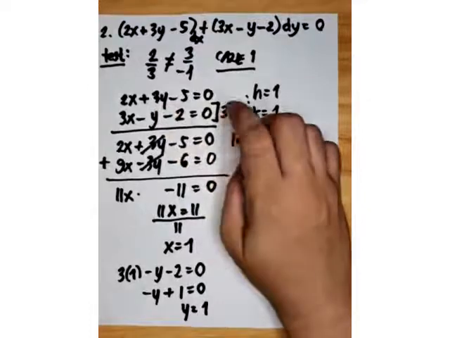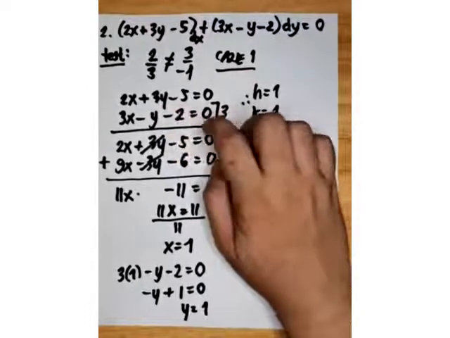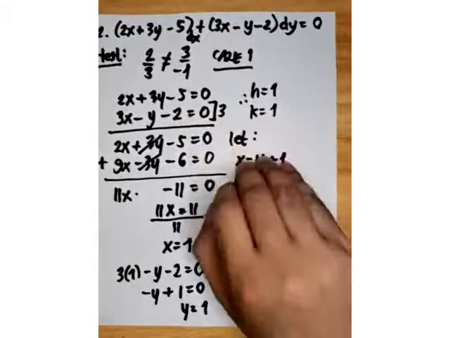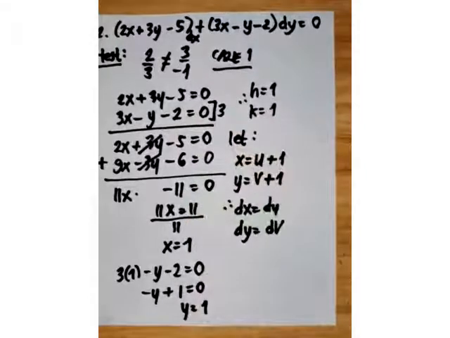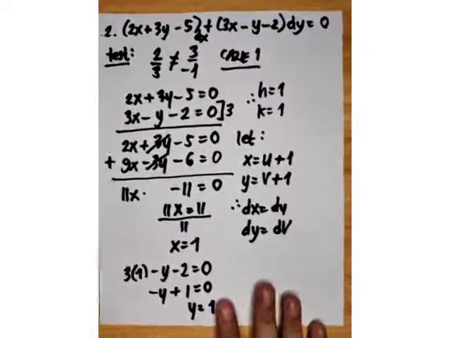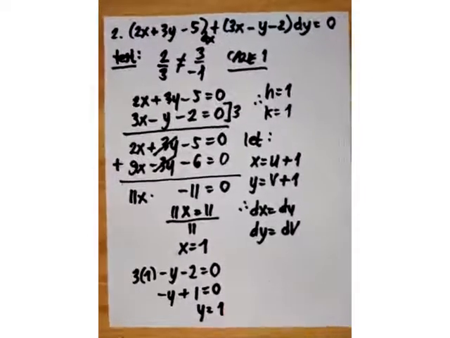Kaya nag-multiply ako ng 3 dito sa bandang second equation para pag in-add ko sila, mawawala yung y. Okay? But you can do other methods in solving y. Mas madali lang para sa akin ang elimination. Very easy to eliminate or remove one variable fast.